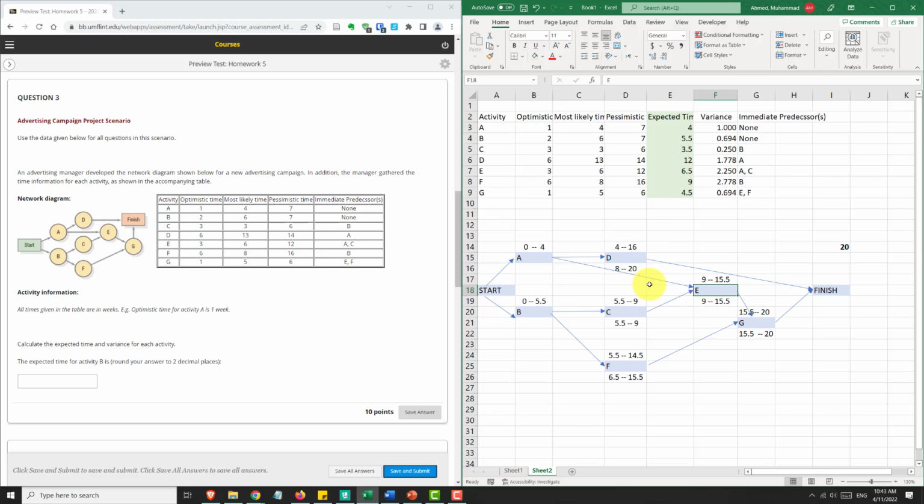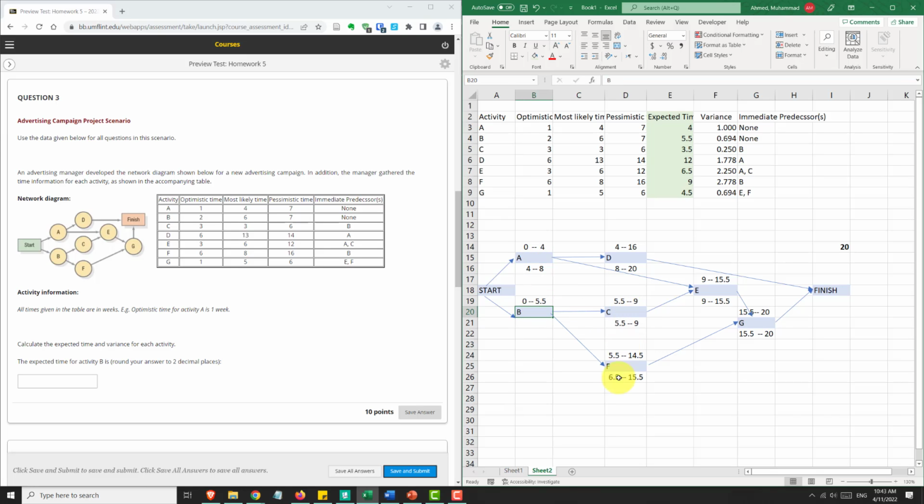We always take the smaller number in this case, because if A was to go up to week 9, it would delay D, and then D would start on 9 and end on 21, which would delay the whole project. So we have to finish A by 8, which is the smaller of the two activities that A leads into. And A takes 4 days, so A has to start at the latest by week 4. So 4 to 8 is the late start and late finish for activity A.